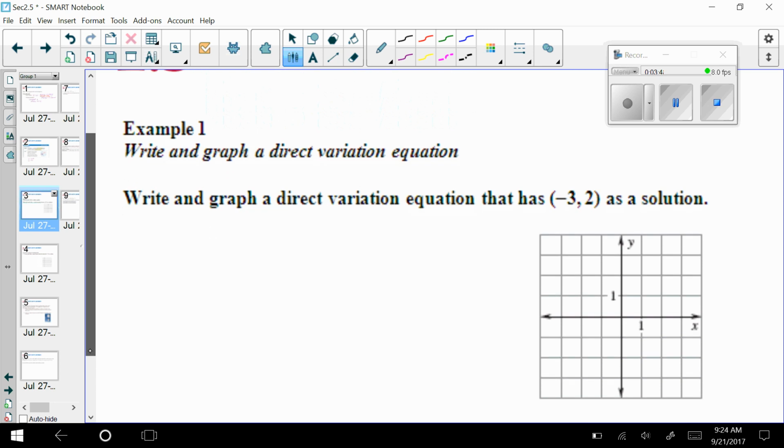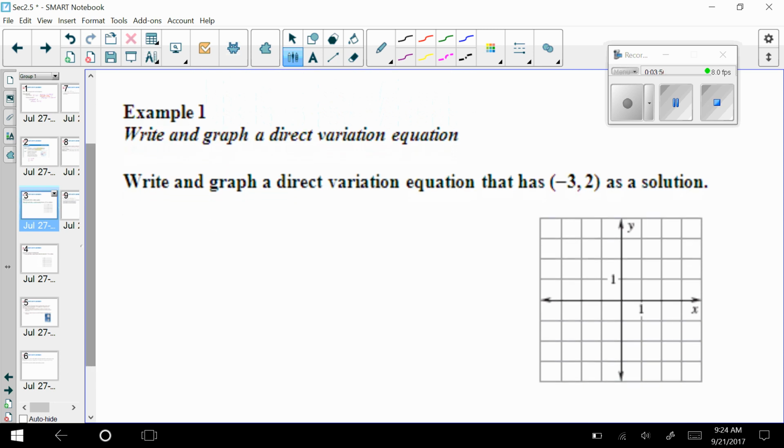Okay, so for example, this first one asks us to write and graph a direct variation equation. First, it gives us the solution, -3, 2. So we're going to go through this point, -3, 2. And with our direct variation model, we always start at 0, 0.